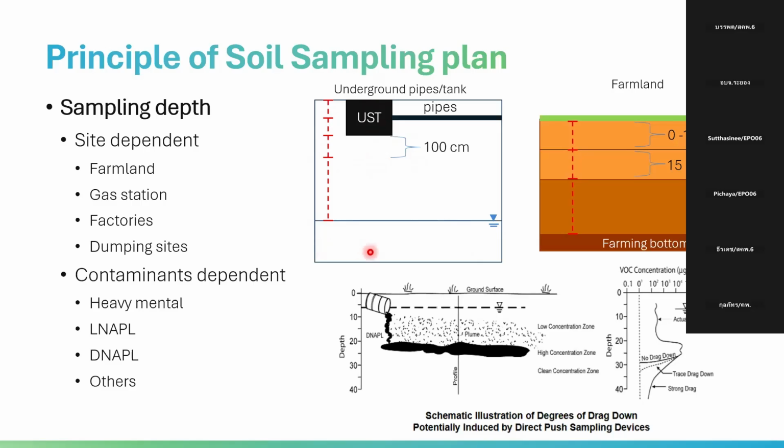And of course, you should consider the distribution difference of the contaminant. For example, heavy metal does not transport easily in the soil. So the first 30 centimeter depth of the soil layer is important when you're taking heavy metal samples.